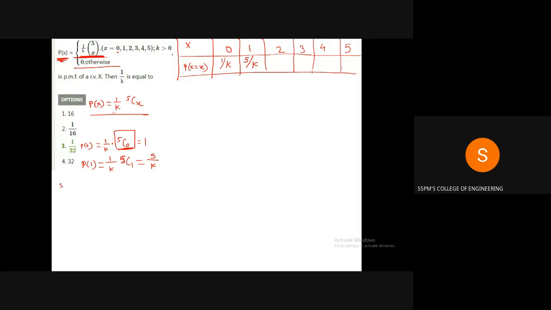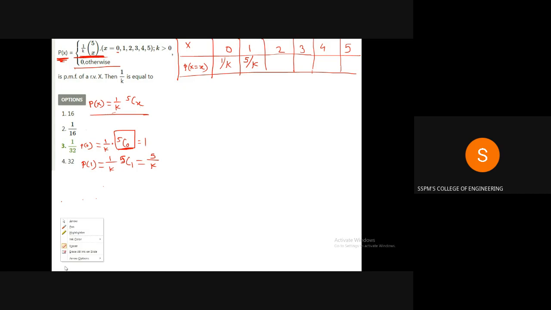We calculate it like this: 5 factorial divided by 1 factorial into (5 minus 1) factorial, which is 5 factorial divided by 1 factorial into 4 factorial. The 4 factorial cancels out the first 4 terms of 5 factorial, so only 5 will remain. That is why the value of 5C1 is 5, so 5 by k.